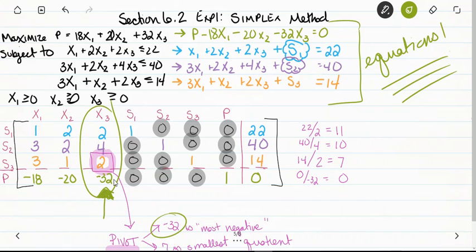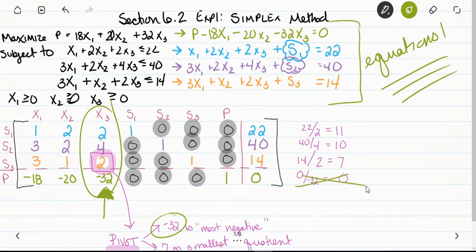and divide them by their respective column x3 term. So I'm going to do 22 divided by 2, 40 divided by 4, 14 divided by 2, and I get an 11, 10, and 7. Of course, when I do a 0 divided by, I'm going to get a 0. So we don't really even need to do that one.